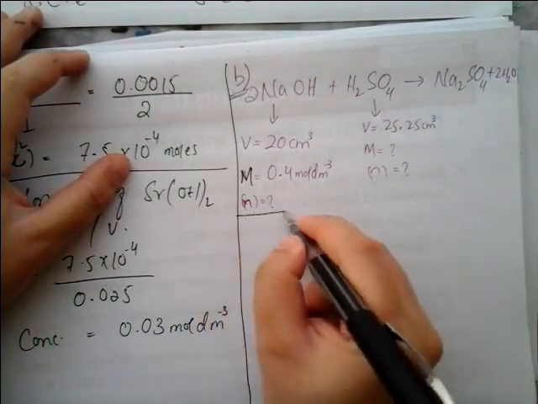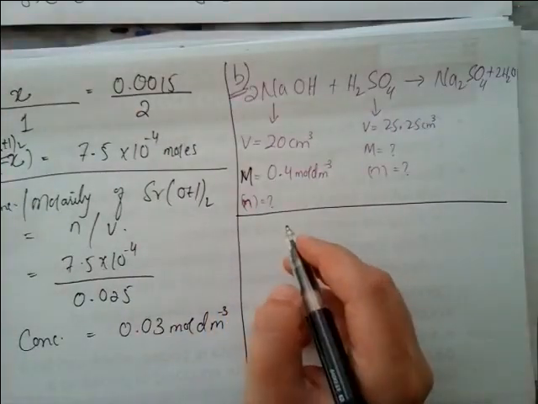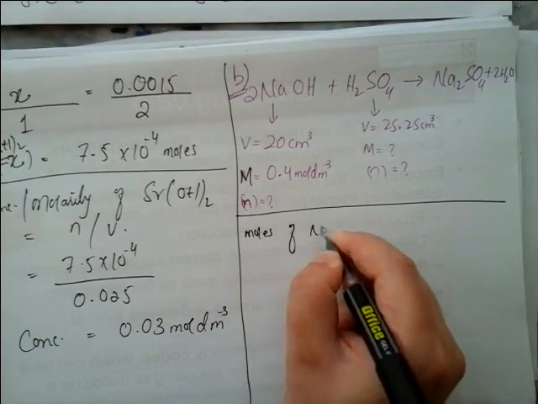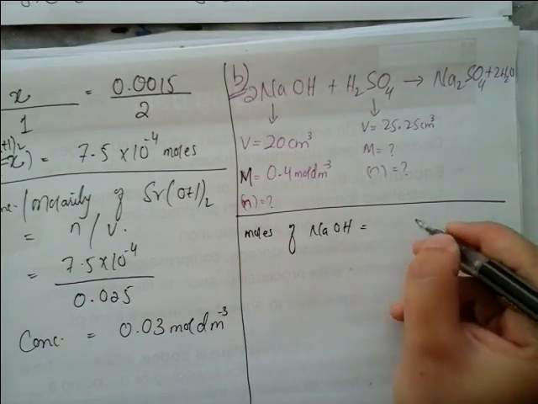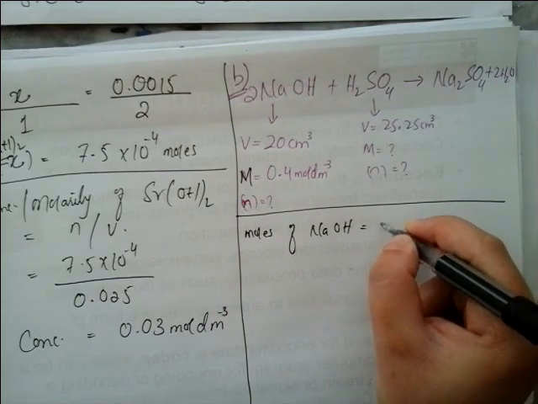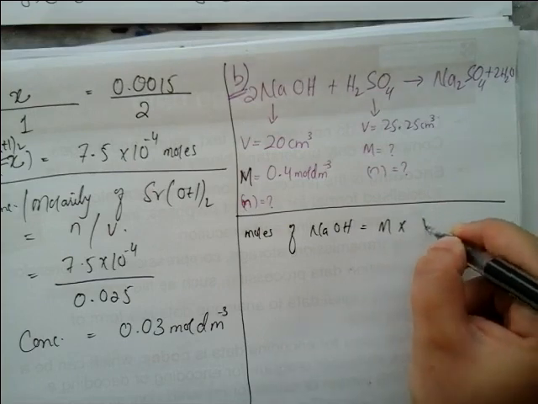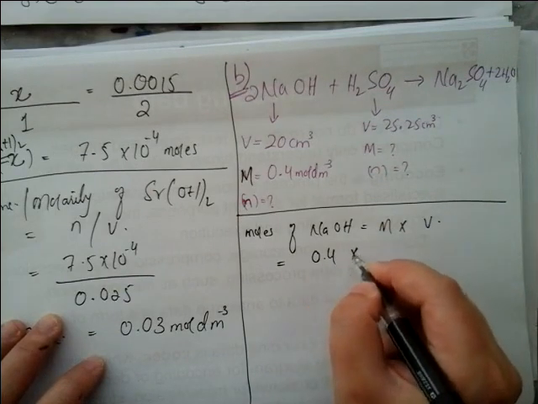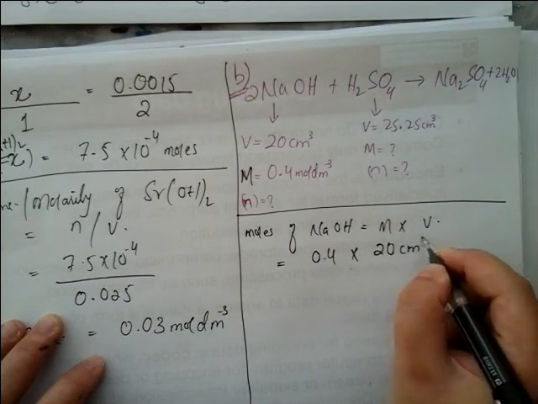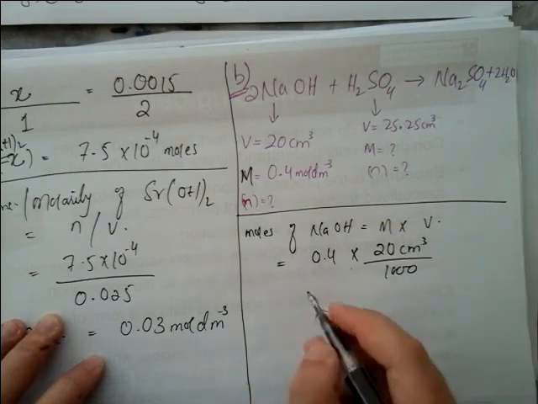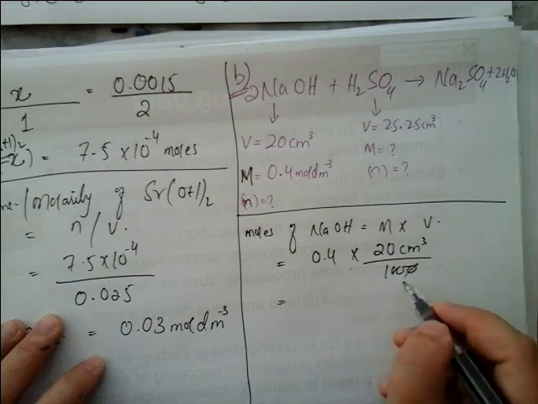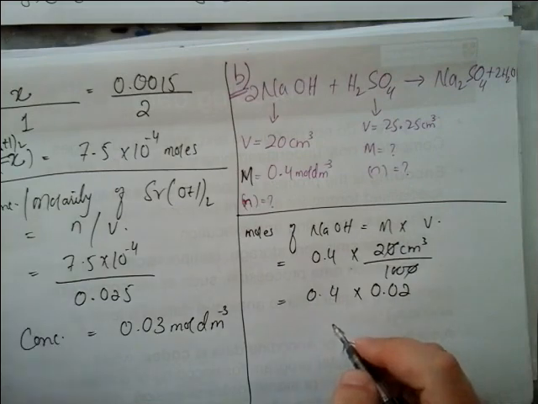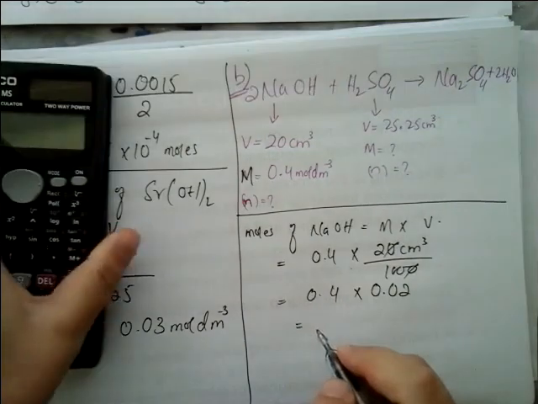So first, logically, we have to work out the moles of the sodium hydroxide. The moles of sodium hydroxide would be equal to its molarity multiplied by its volume. The molarity is 0.4, multiplied by 20 centimeter cube divided by 1000, so 0.4 multiplied by 0.02.